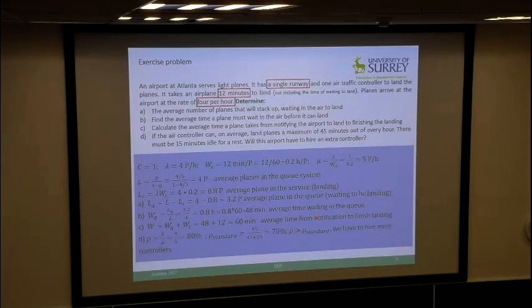And what about the last one? Because this is a single server problem, if we know the arrival rate and the service rate is 5, we can calculate the utilization.